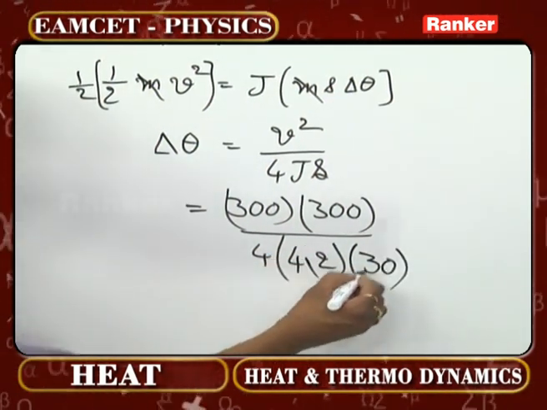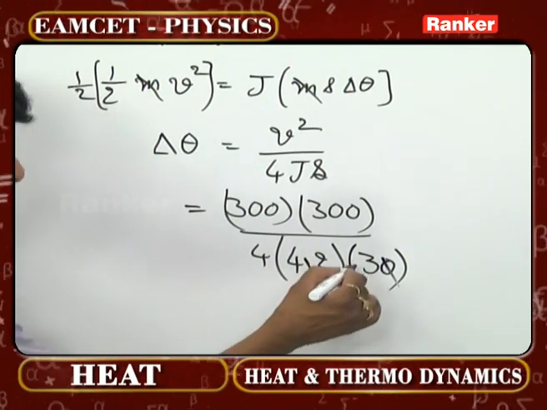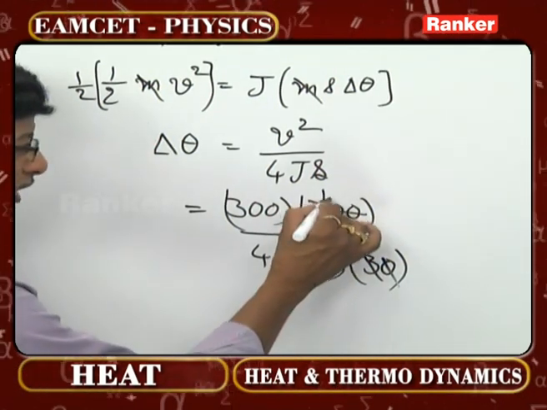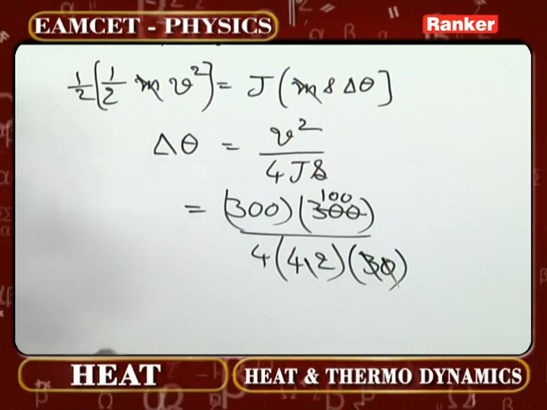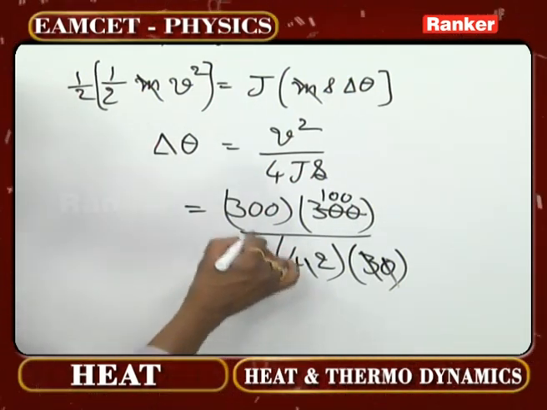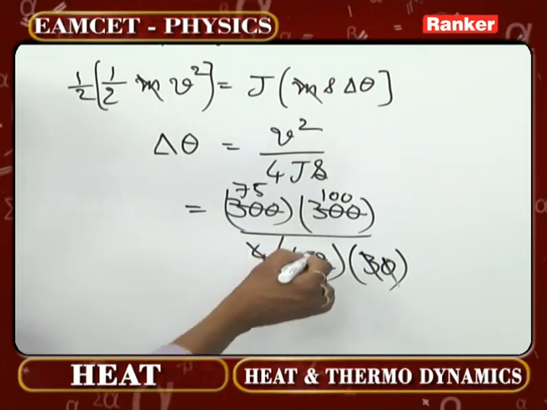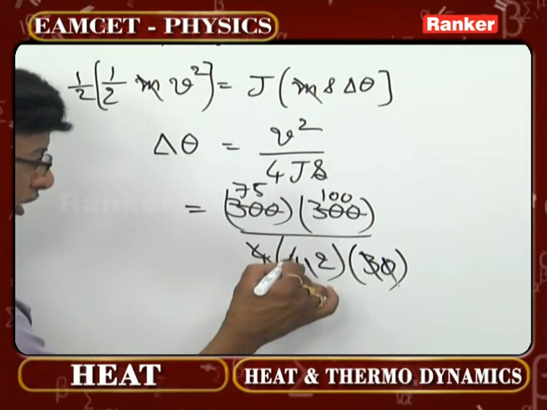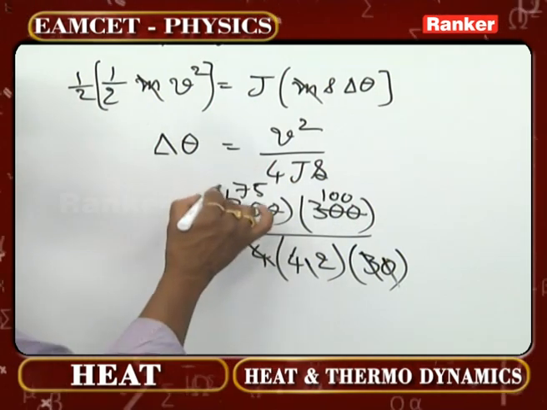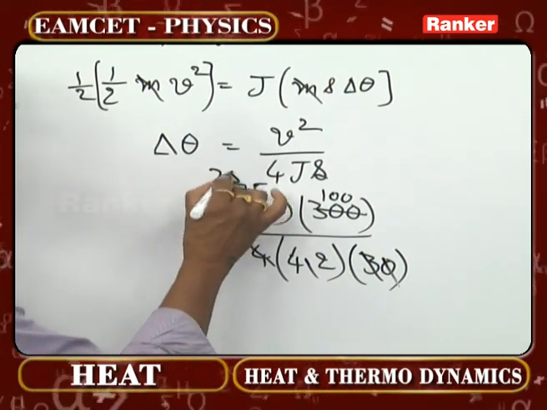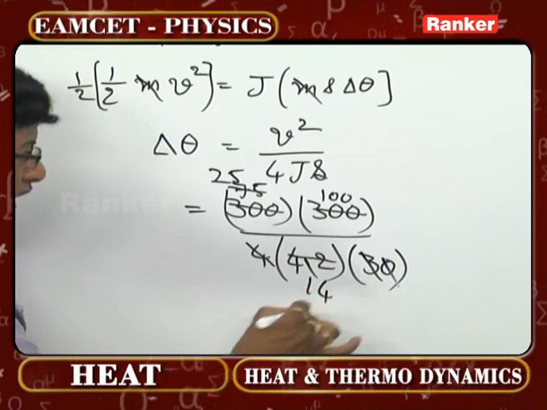Now you can cut this 0, and in fact you can cut this 3 over here exactly 100 times. And of course, you can directly understand this 4 going here exactly 75 times. And if you take this 42 over here, once again 3, if you cut it, 25 times over here and 14 times here.